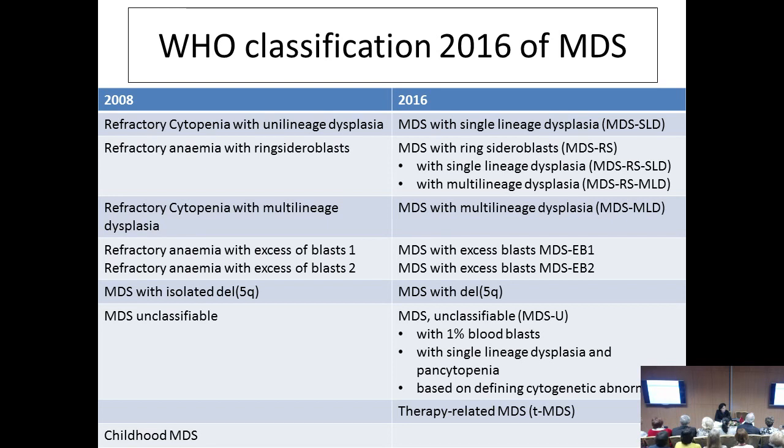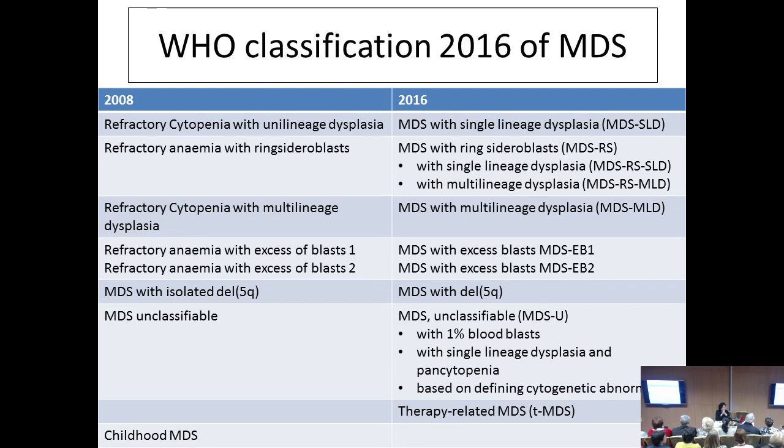Then let's turn to the MDS with blast increase. There are the labels refractory anemia with excess of blasts 1 and 2, which you are familiar with. Now it's MDS with excess blasts, MDS-EB1 and MDS-EB2. Another category which still exists in the WHO classification is MDS with a 5q deletion, but there has been an alteration.